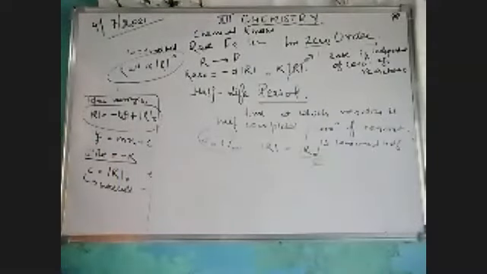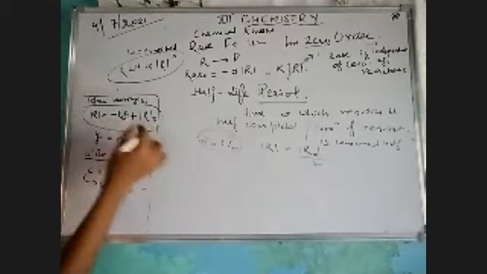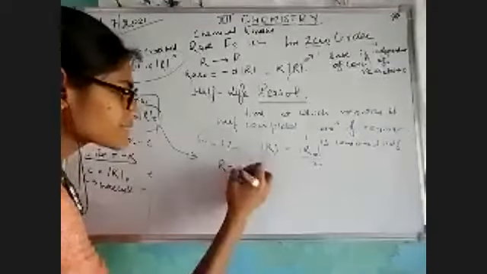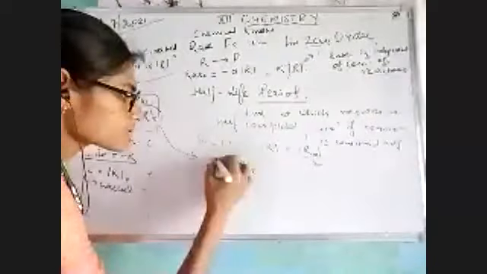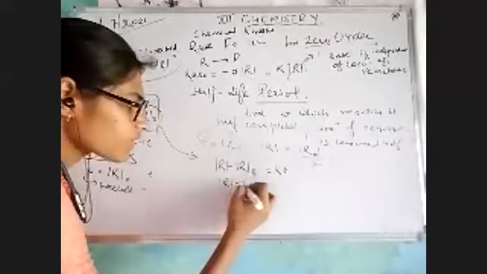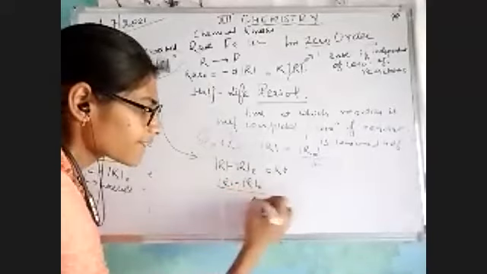Okay, first of all, from this equation R equals to minus KT plus R naught, we can say R minus R naught equals to KT, or R minus R naught divided by K equals to T. We can write from here, absolutely we can write.